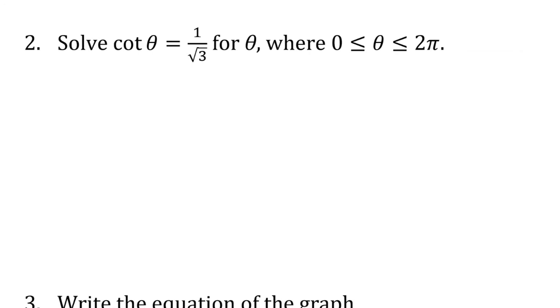It's cotangent. It's the normal domain. Everything on the exam is the normal domain. There's no negative pi to pi. There's two ways to do this. You can do it as cotangent, but it's a little bit easier to do it as tangent. So that's the first thing I'm going to do. So it's root 3 over 1, right?